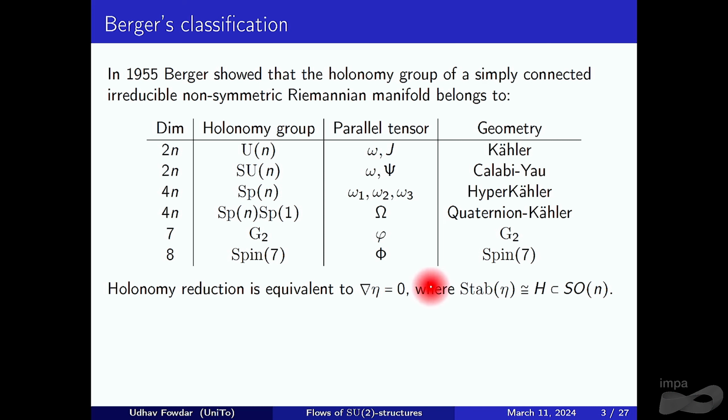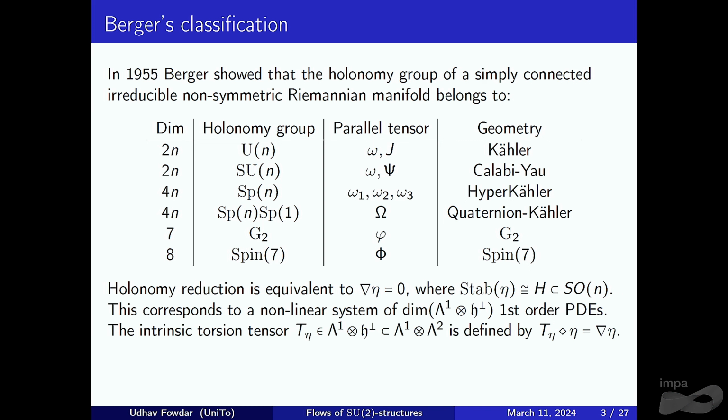In this talk, whenever I write eta, it is going to be some sort of tuple from this list. So for instance, if I'm talking about a Kähler manifold, eta would just be the pair omega and J. From a PDE point of view, this corresponds to a system of first order PDE. First order because there's only one derivative here.